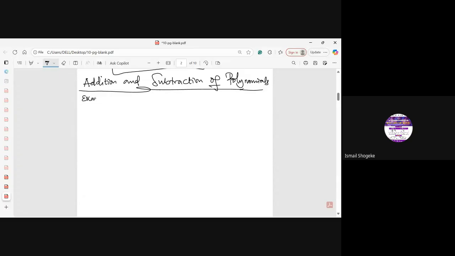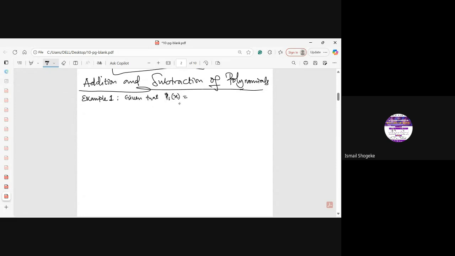Now let's look at something very interesting. Addition and subtraction of polynomials. So we have an example. Given that P1 of X, that's how we like to name our polynomial.